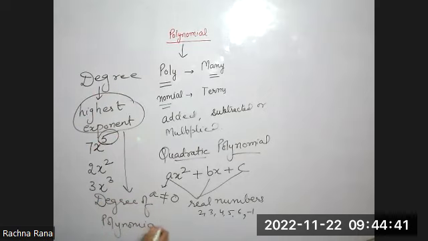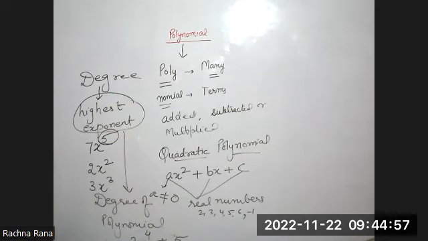Degree of polynomial. For example, we have given the statement 2x raised to power 4 plus 5.